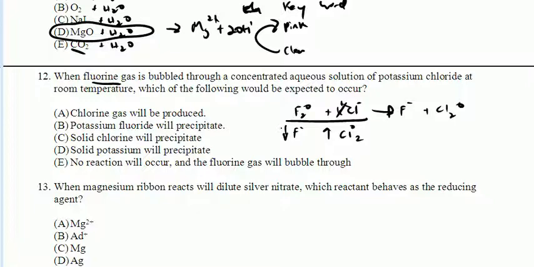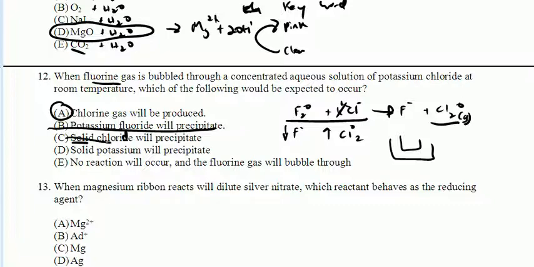Let's go through it. Chlorine gas will be produced. Chlorine is produced. We're not sure if it's a gas yet, so we're going to circle that and come back to it. Potassium fluoride will precipitate. This is not a precipitation reaction, so get rid of B. Sodium chlorine will precipitate. First off, that should say sodium chloride, so we know it's wrong. Chlorine is not a solid, it's a gas at room temperature.